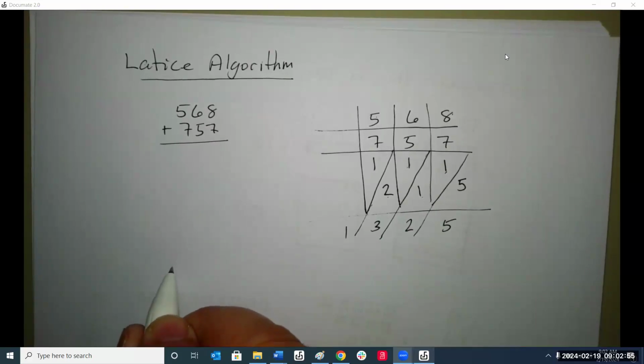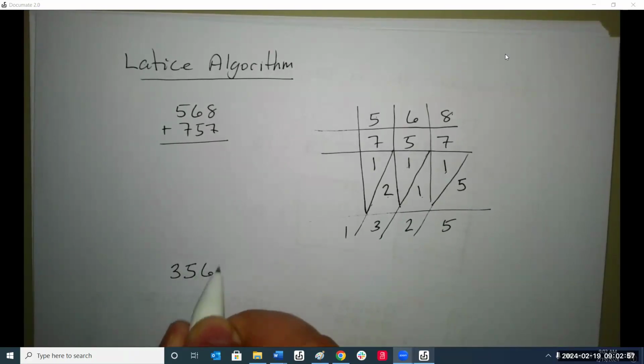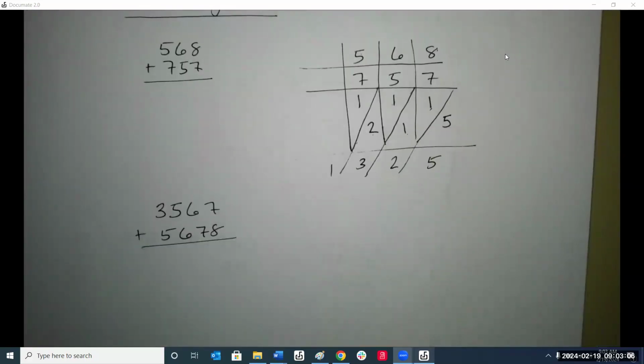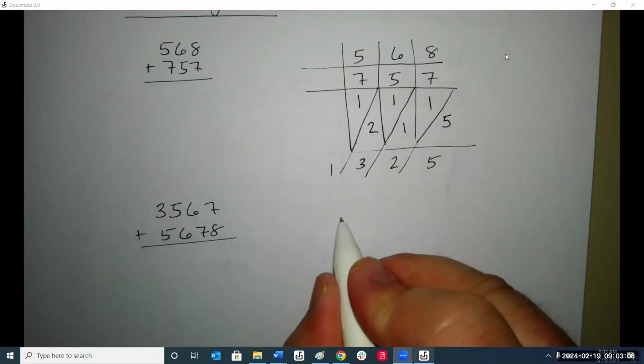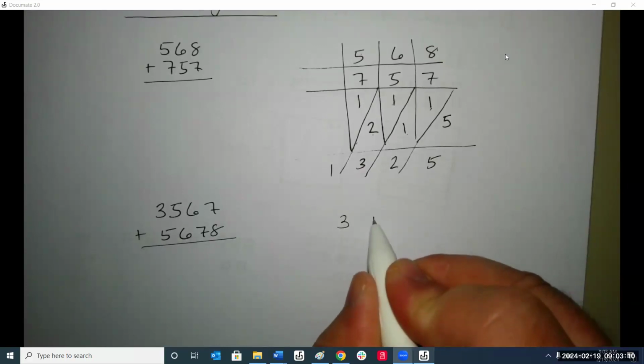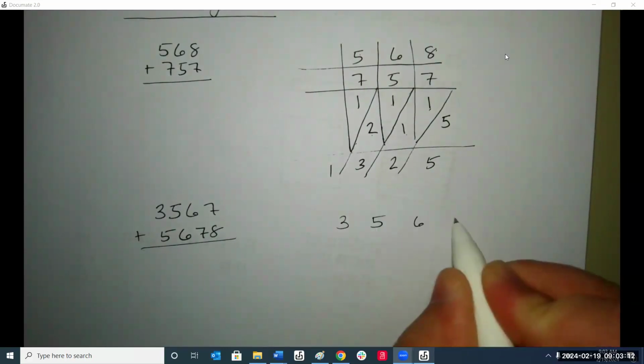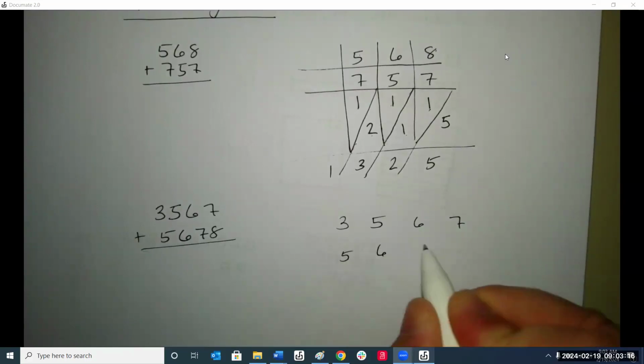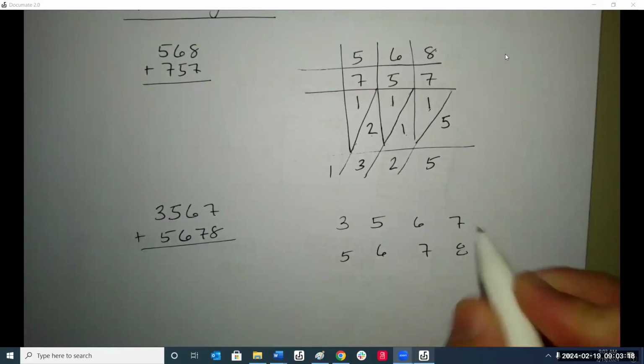So let's look at the other example. 3, 5, 6, 7 plus 5, 6, 7, 8. So 3, 5, 6, 7, 5, 6, 7, 8.